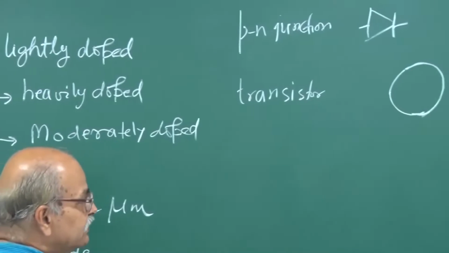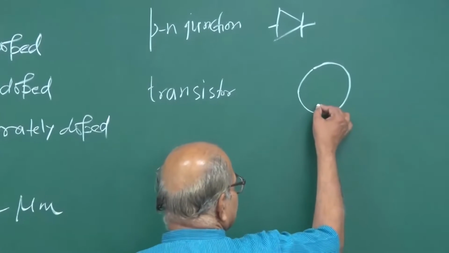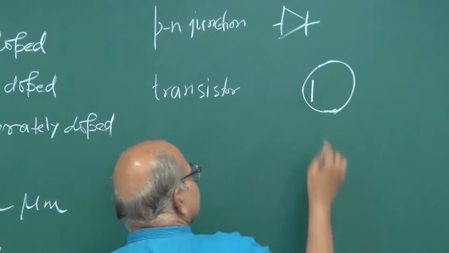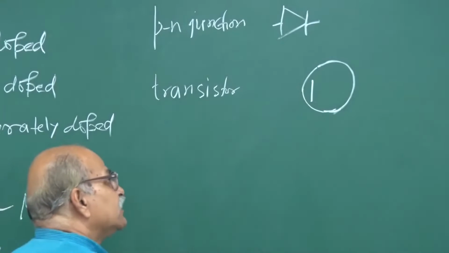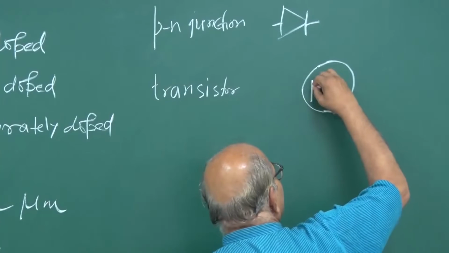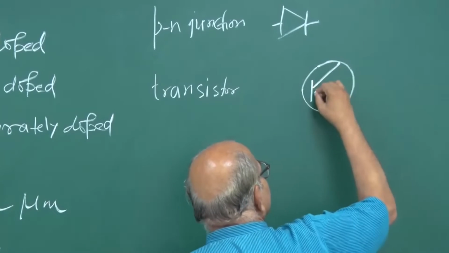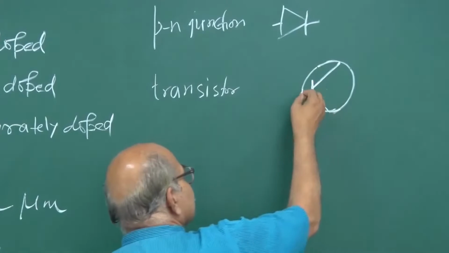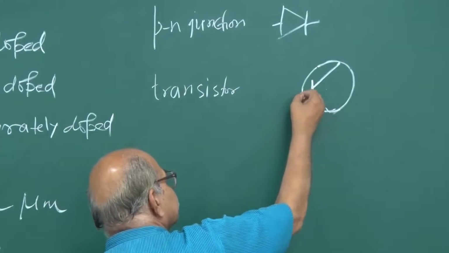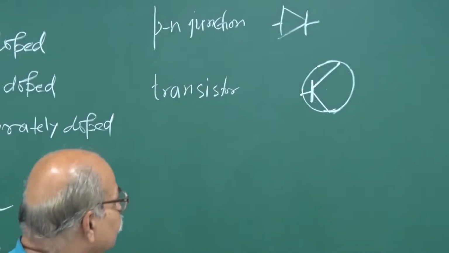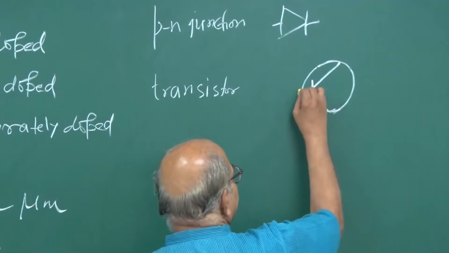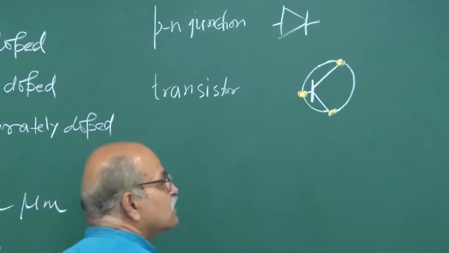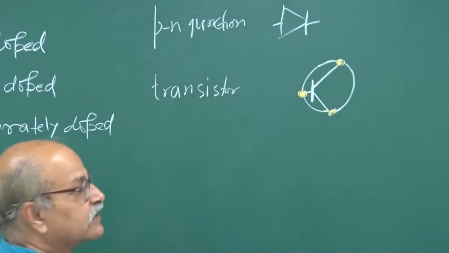Let's draw a baseline, suppose this is the base, and then two slant lines, one like this, another like this. This is the symbol of this transistor, and these are the connections from where it has to be added to the external circuit.